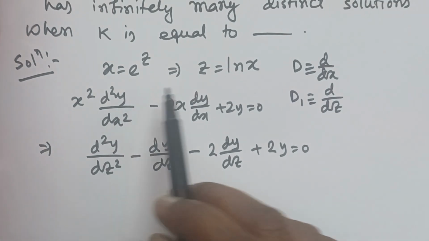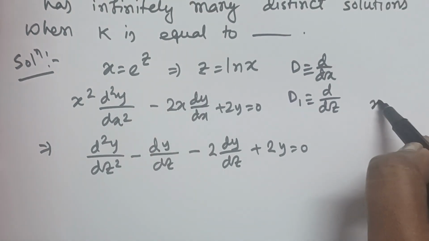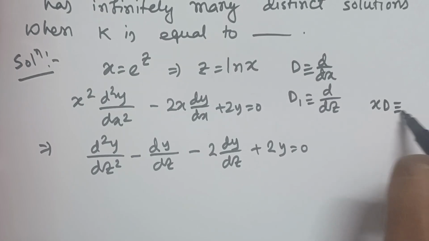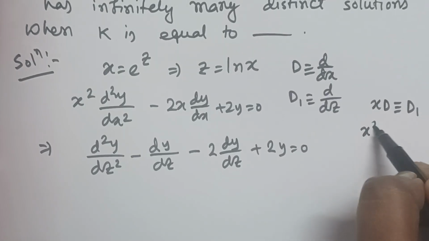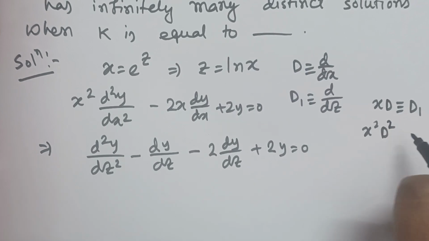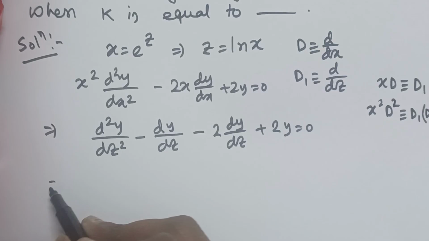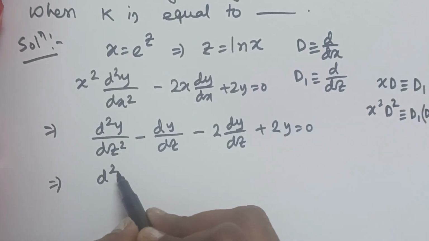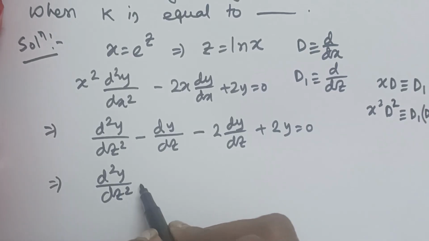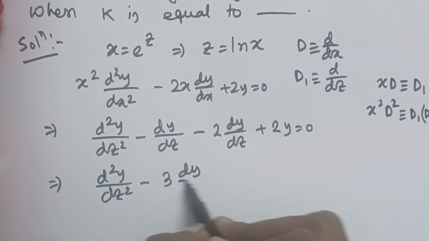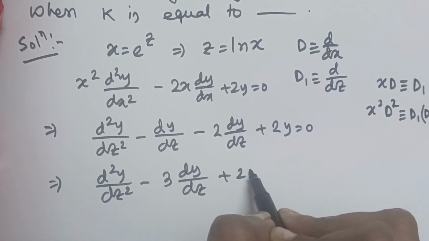Because we know that if we take x equal to e power z, then our xD will be transformed to D1 and x²D² will be transformed to D1 multiplied by (D1 minus 1). Hence if we solve this, then we have d²y/dz² minus 3 dy/dz plus 2y equal to 0.